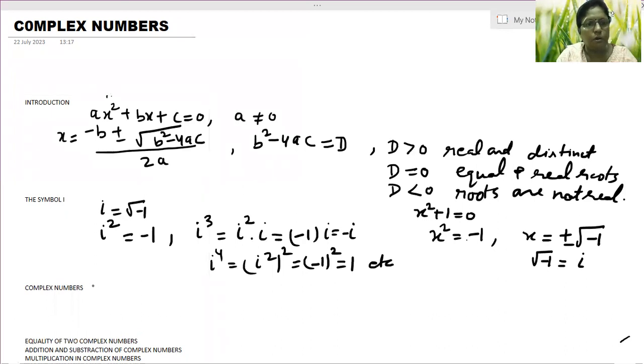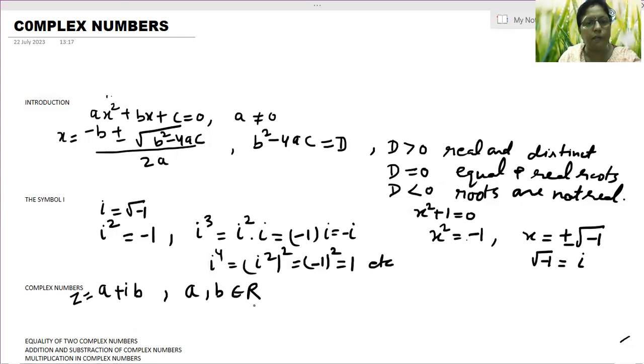Complex numbers are the numbers which are in the form a plus ib, where a and b belong to R, and these numbers are denoted by z.